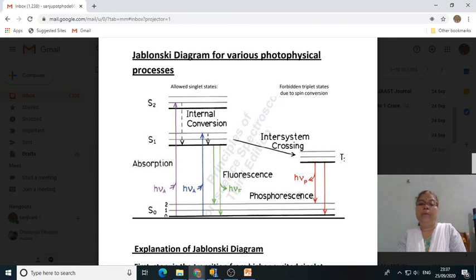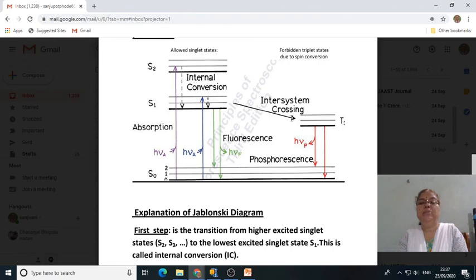This phenomenon requires a time greater than fluorescence due to the spin change of the electron. So the fluorescence phenomenon stops immediately when the source of light is removed, while phosphorescence continues for some time after removal of the source.